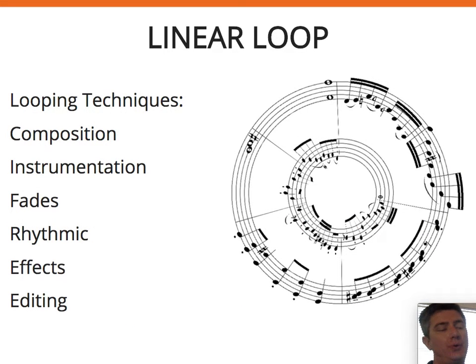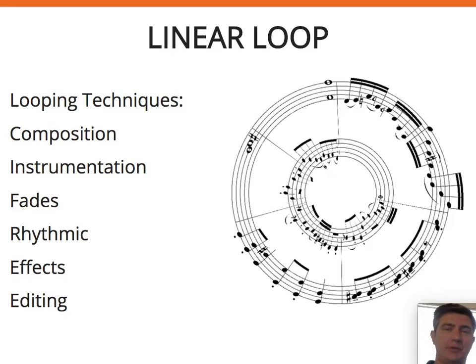So you have a looping assignment in week 1 that goes over a number of different approaches to looping. And you will utilize those different looping techniques for all of your compositions as needed, as you create your compositions and start having to create your music as looping files.